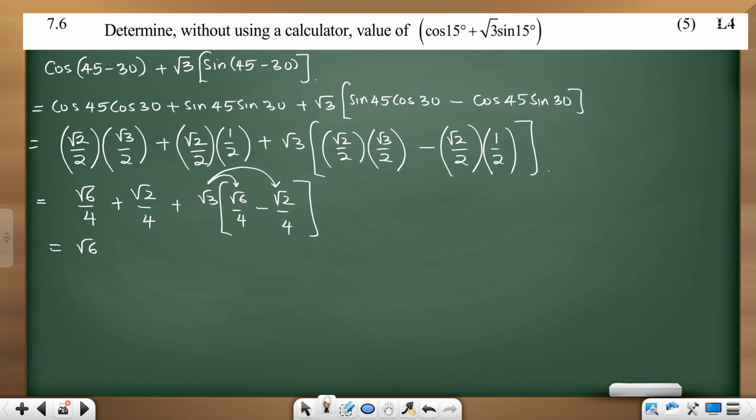Thirds. Denominator. What is root 6 minus root 6?